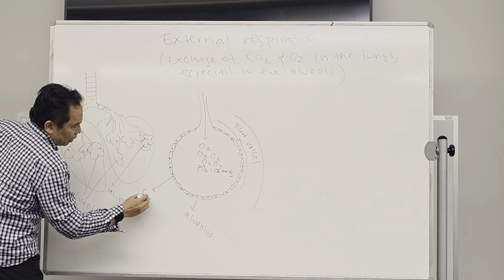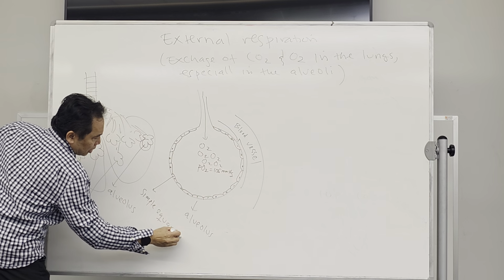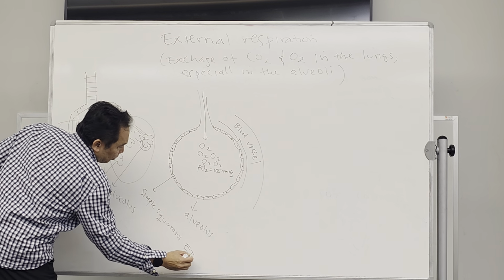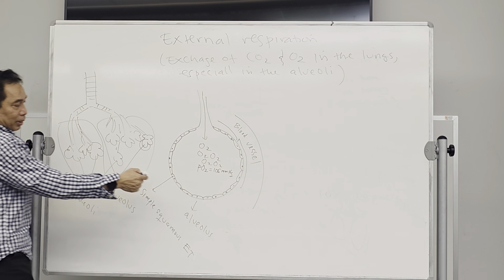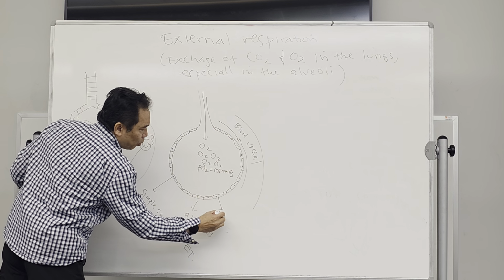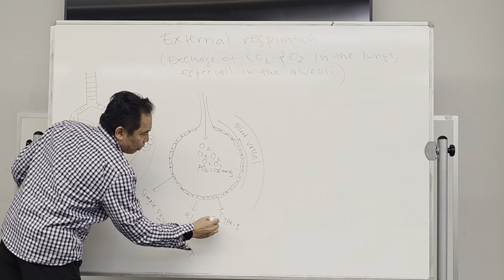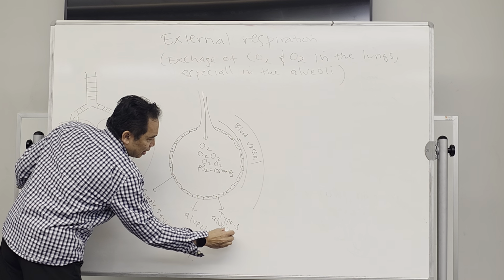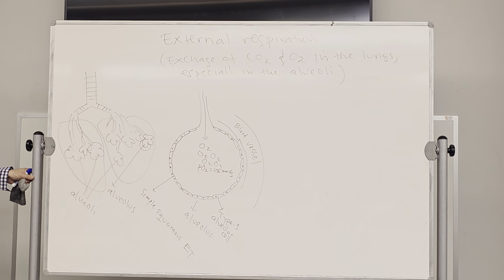Okay, simple squamous ET, epithelial tissue. Okay. So this layer of simple squamous cell tissue, one of them is called the type 1 alveolar cell. Okay? So type 1 alveolar cell.